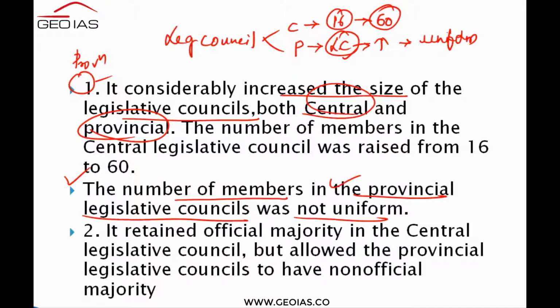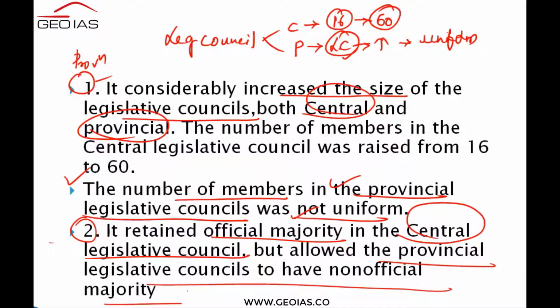The second provision of this Act of 1909 is it retained the official majority in the Central Legislative Council but allowed the Provincial Legislative Council to have a non-official majority. So in the Central Legislative Councils, the Britishers were higher in number till this Act, but at the provincial level the non-officials, like Indians, outnumbered the Britishers.